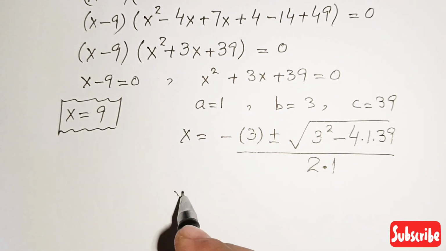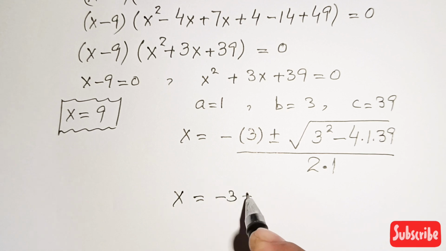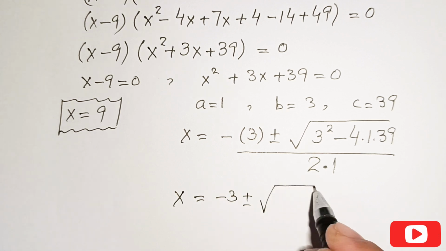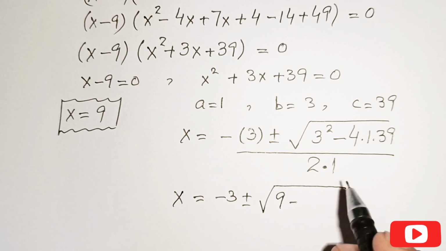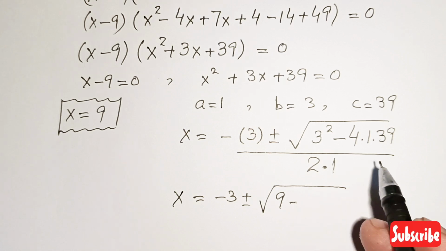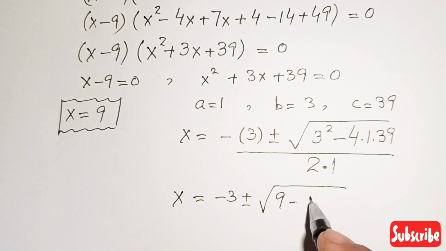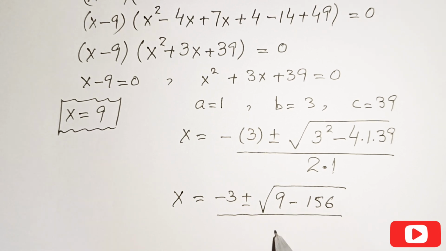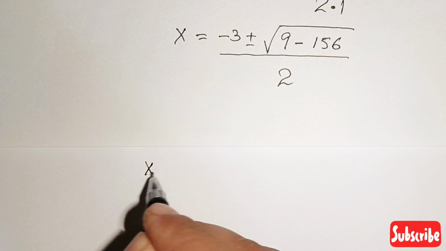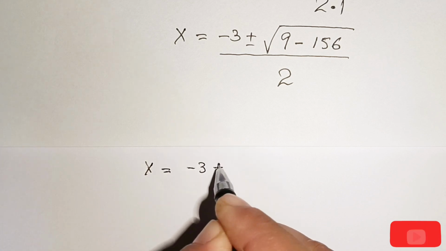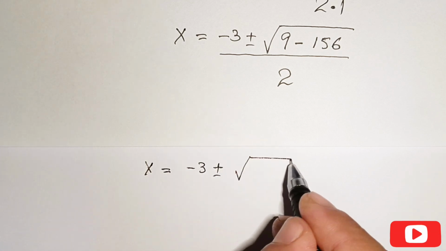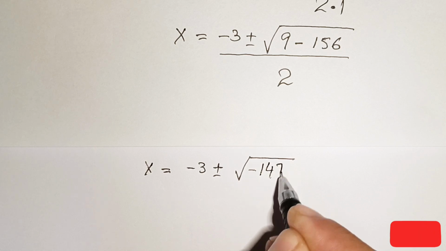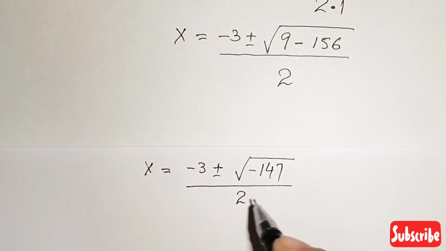Now we have x is equal to minus 3 plus minus square root of 3 squared, which is 9, minus 39 times 4, which is 156, all over 2 times 1, which is 2. So x is equal to minus 3 plus minus square root of minus 147 all over 2.